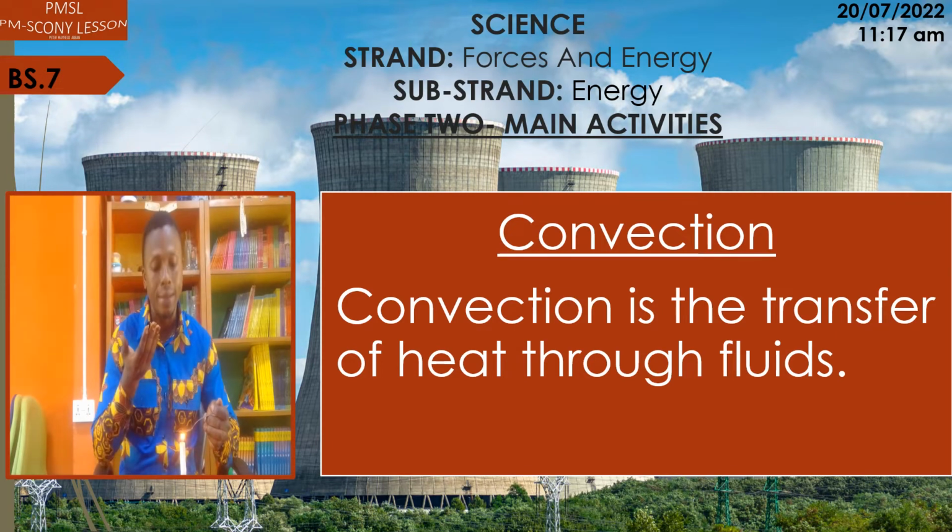You realize that the water will become hot. When the water becomes hot, you can place the hand and you feel that the water is hot. So this means that heat transfer has taken place through liquid, and that form of heat transfer is what we call convection.